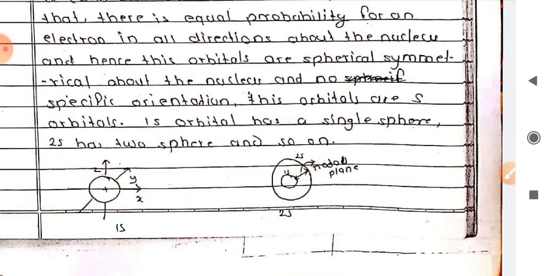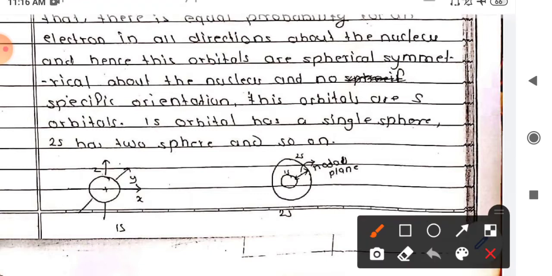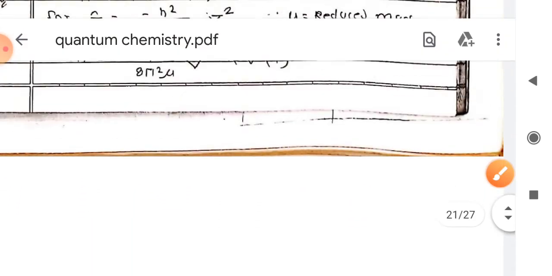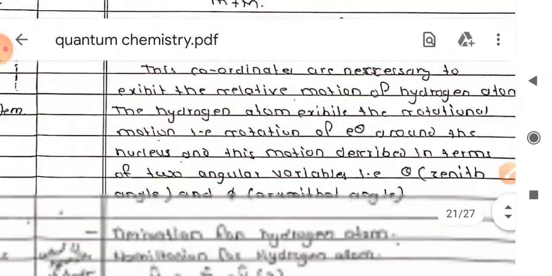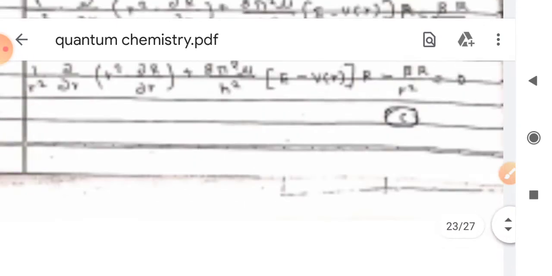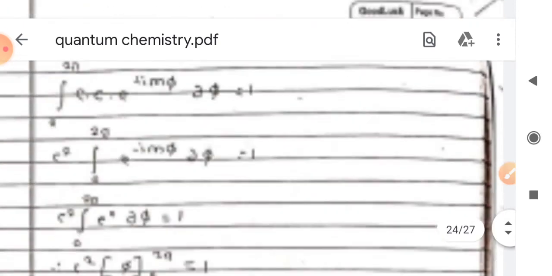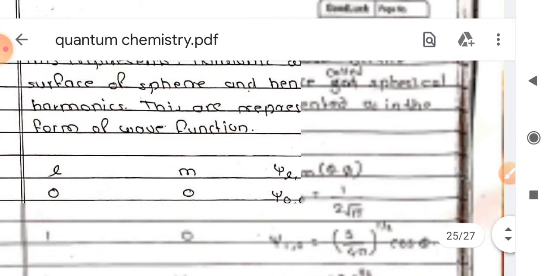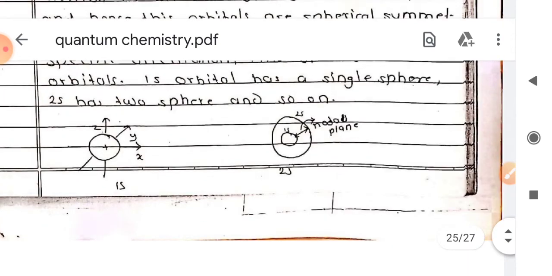The s orbital is independent of the angle, so we can say it is spherical in nature.